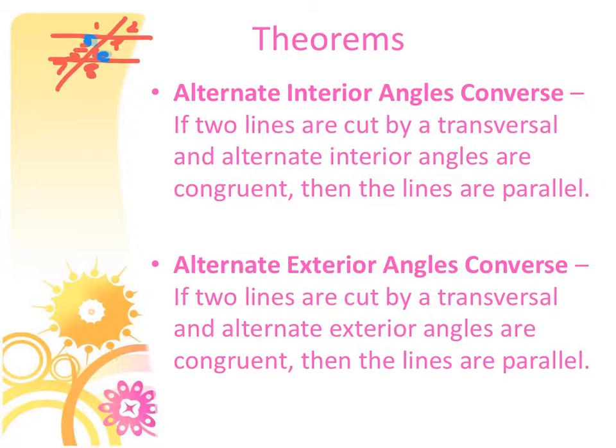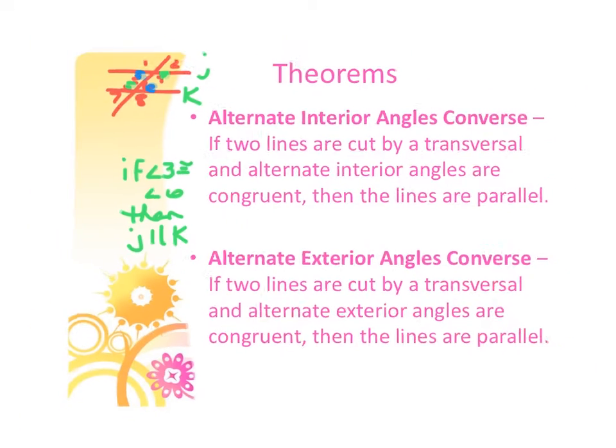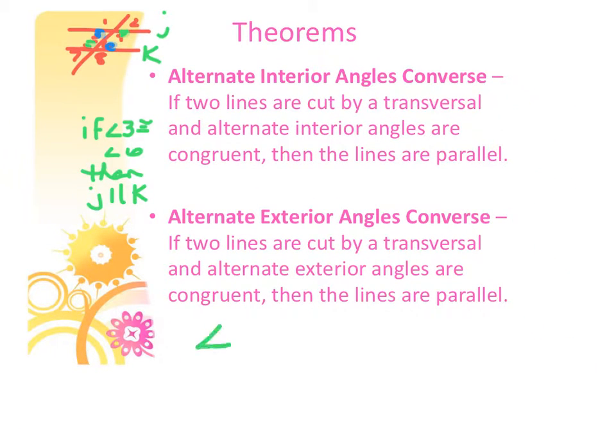or 4 and 5, then we could say if angle 3 is congruent to angle 6, and I could call these J and K again, then J is parallel to K. For the alternate exterior, we could say angle 1.